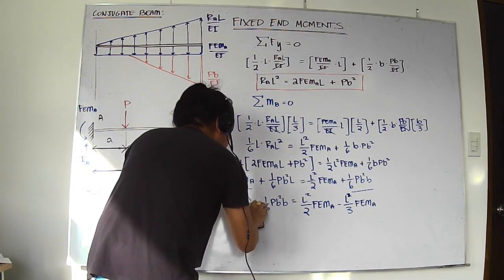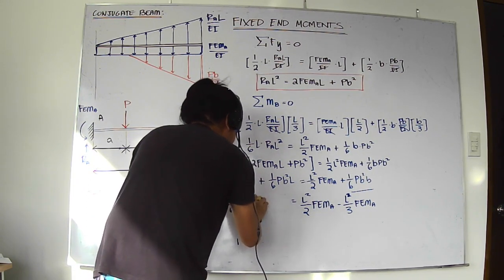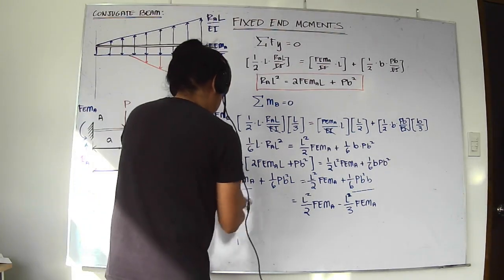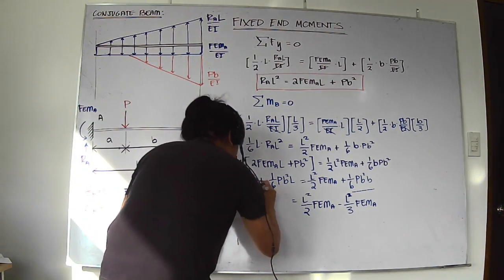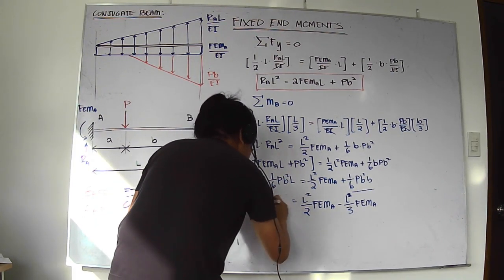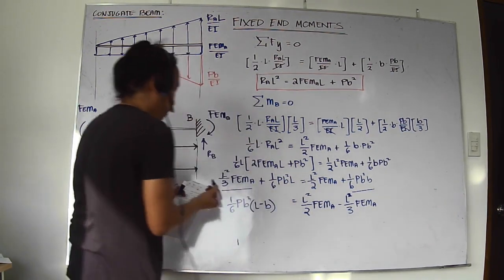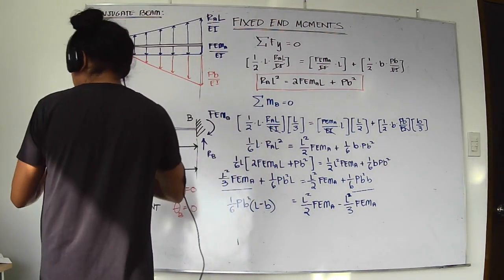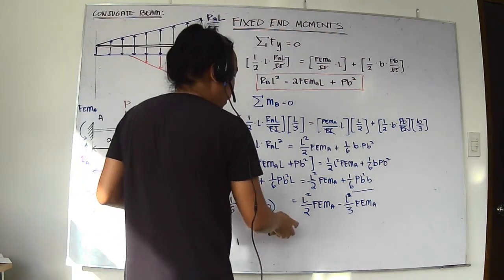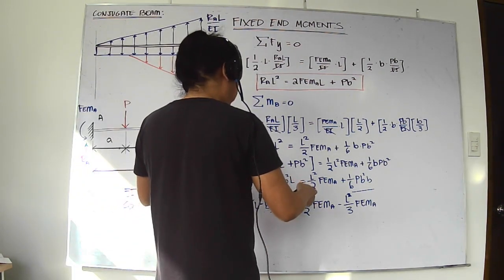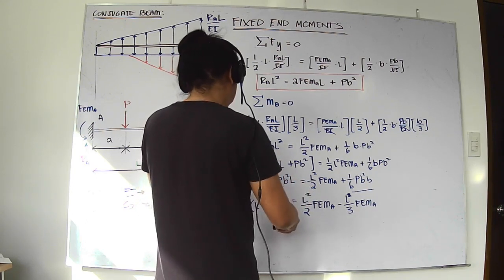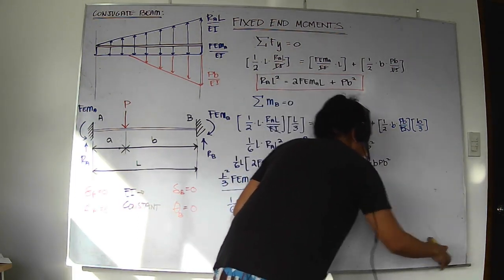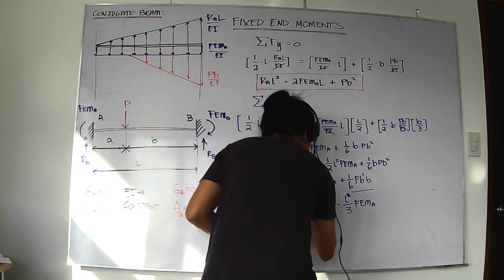I factor out, so this becomes L minus B. Likewise, on the other side, I will factor out the L squared FEMA, so it becomes minus between the two. 1/2 minus 1/3 just becomes 1/6.